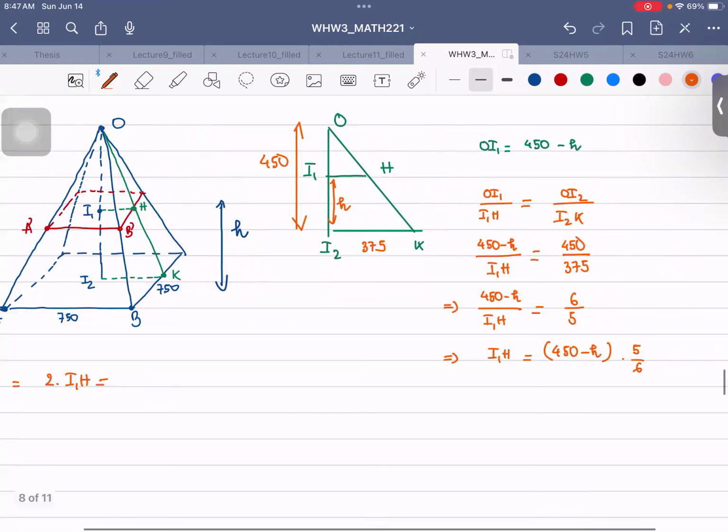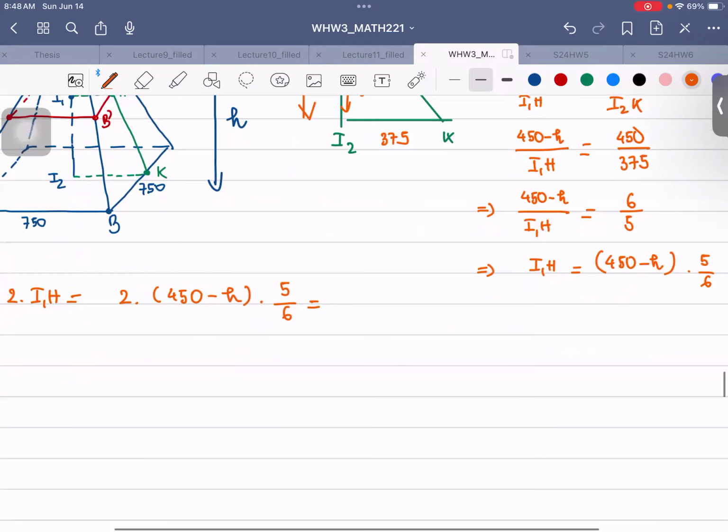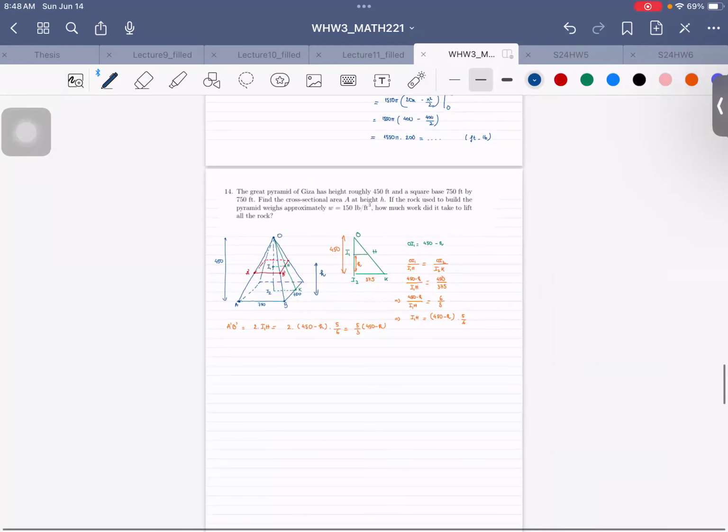You're going to have 2 times (450 minus H) times 5 over 6. You have 5 over 3 times (450 minus H).